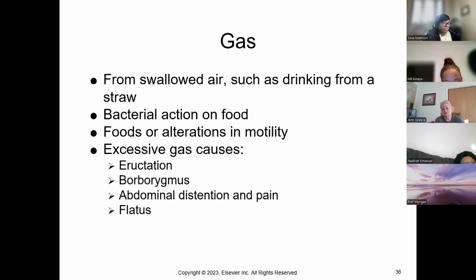Eructation is the oral ejection of gas or air from the stomach, known as belching. Borborygmus is the rumbling or gurgling sounds that we hear when there's gas in the intestines. So when you're doing your bowel sounds, you'll hear this rumbling. That is gas in those intestines.